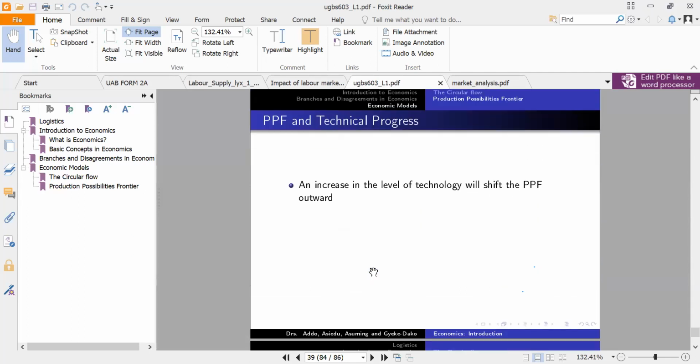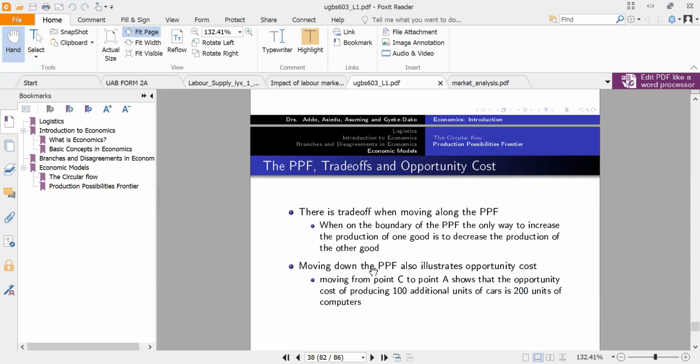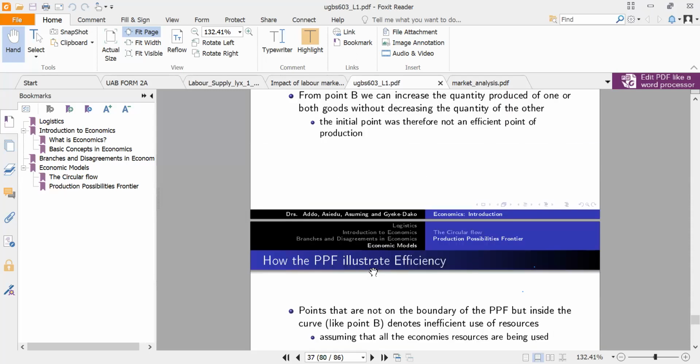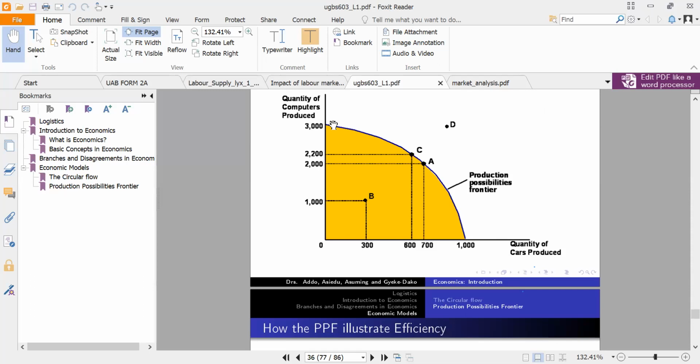An increase in the level of technology will shift the PPF. This is the possibility for you. If for some reason you have better technology for producing computers and cars, your production possibility frontier as a country will shift outward.